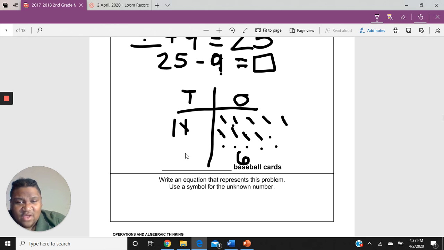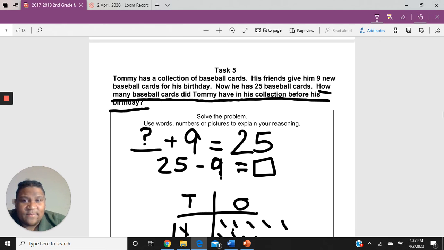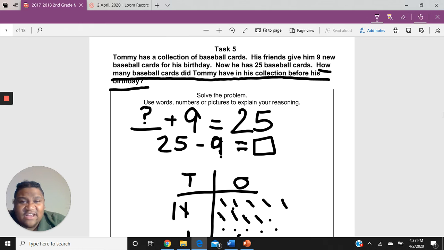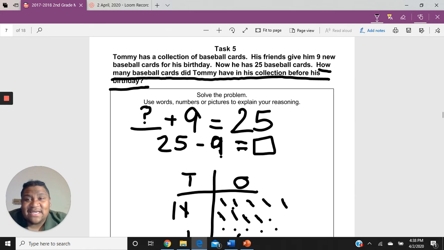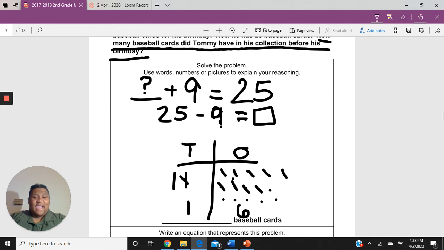And I have 1 ten. So let's go back up. Tommy has a collection of baseball cards. How many baseball cards did Tommy have in his collection before his birthday? Tommy had 16 baseball cards in his collection before his birthday.